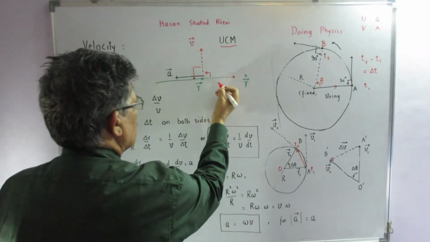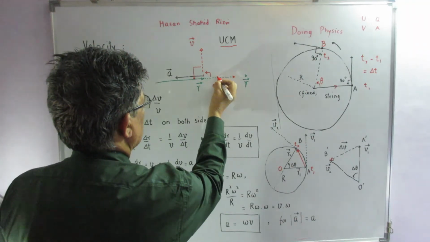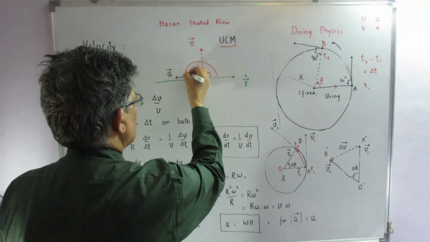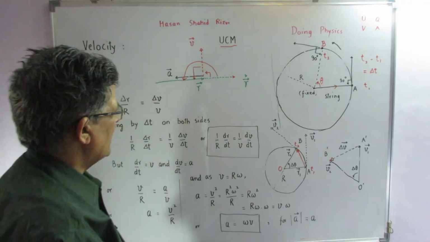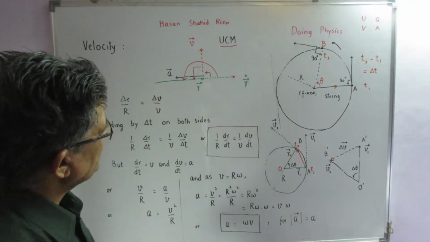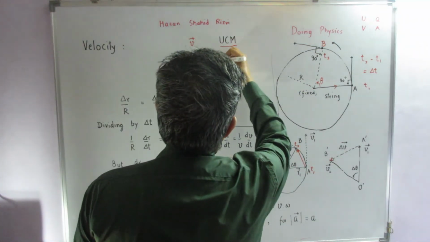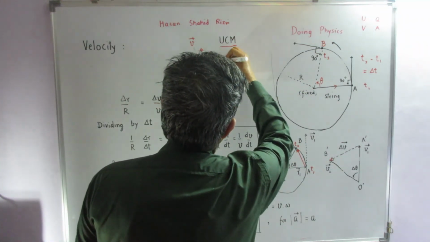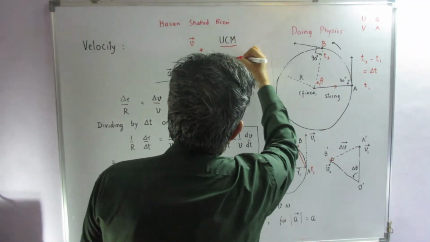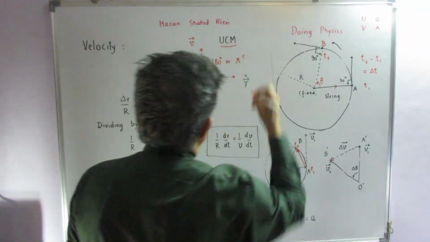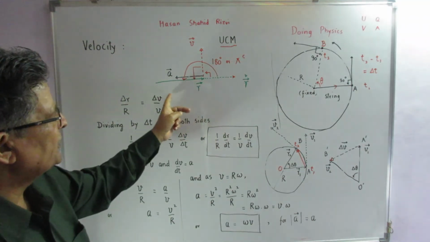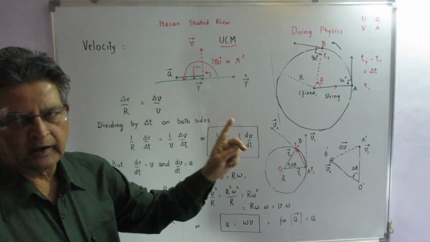So the interesting part is that the relation between the acceleration and r is that this is 180 degrees or pi radians, which means the two are out of phase with each other.